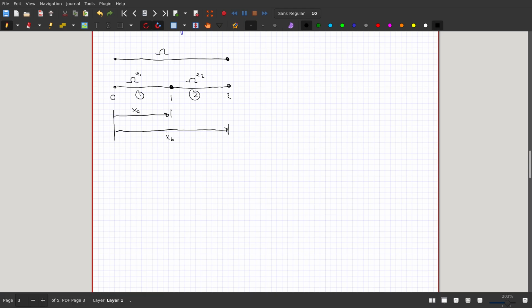Then we're going to pull out element 2. So let's look at element 2 over here. This is the domain of element 2. The nodes are 1 and 2.